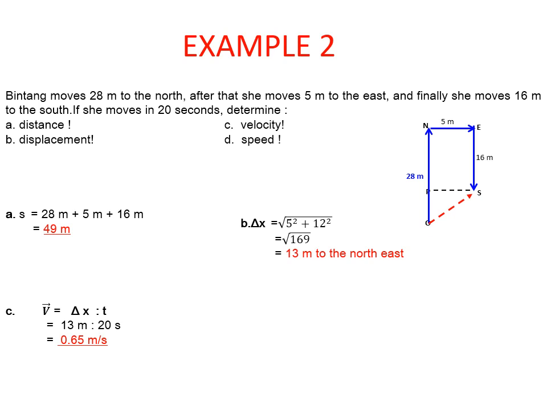And finally, for the speed, v equals distance divided by time taken, or s divided by t. So v equals 49 meters divided by 20 seconds. So the answer for the speed equals 2.45 meter per second.